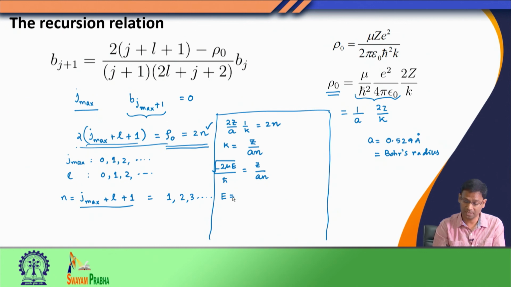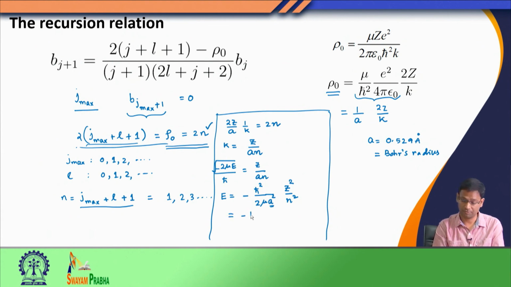Then I have E equals minus h bar square divided by 2 mu A square times Z square divided by n square. Now, I see that I have this energy E, which is given as minus h bar square divided by 2 mu A square, which is again a constant. The Bohr radius A is a constant. h bar square by 2 mu is also another constant.